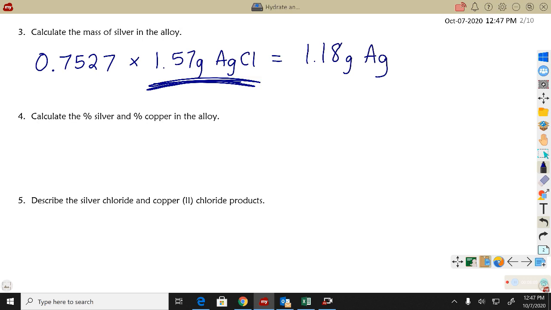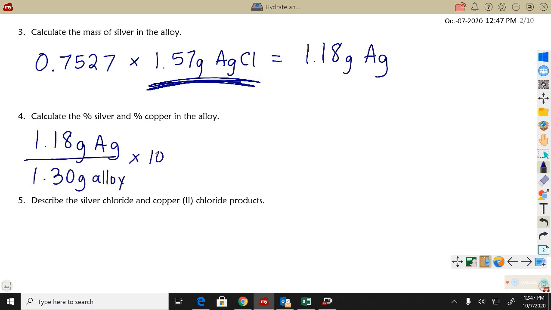So now I know there was 1.18 grams of silver in the precipitate, the silver chloride, but it all came from the original alloy. So now we can divide by the mass of the alloy. That was 1.30 grams. Times 100 to make it a percent. We'll plug it in.